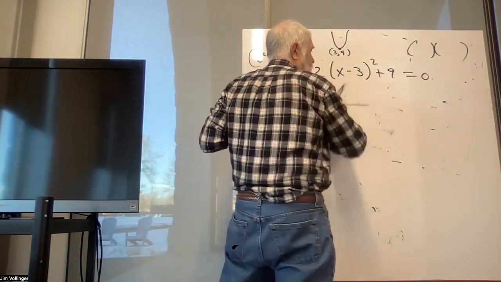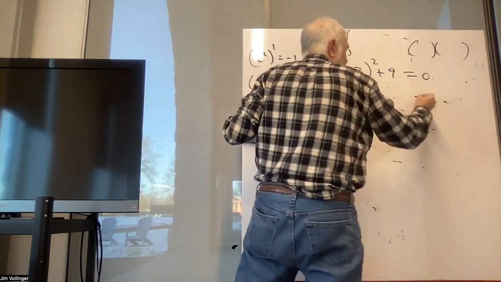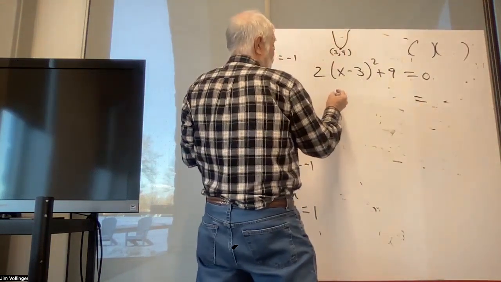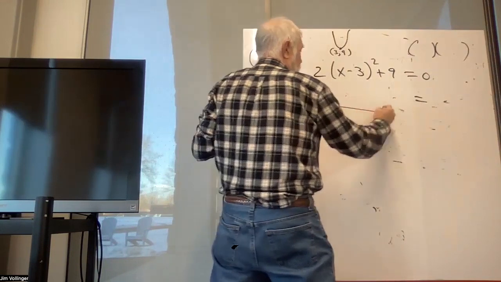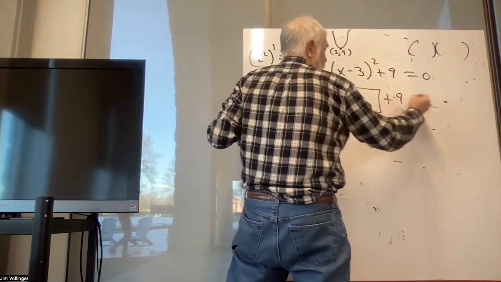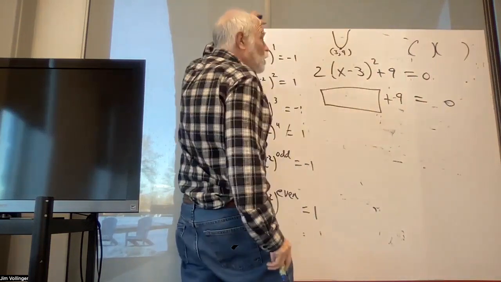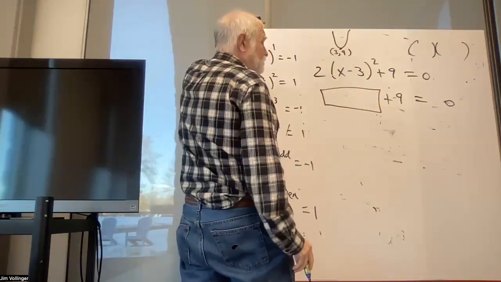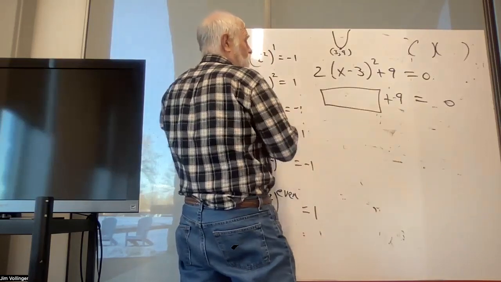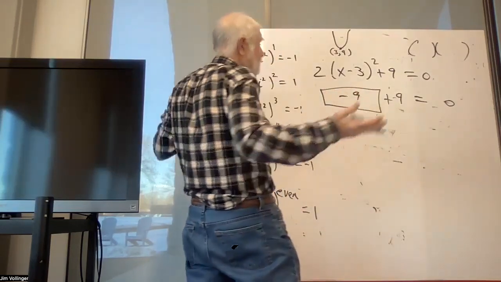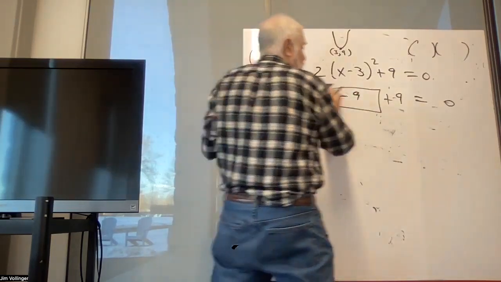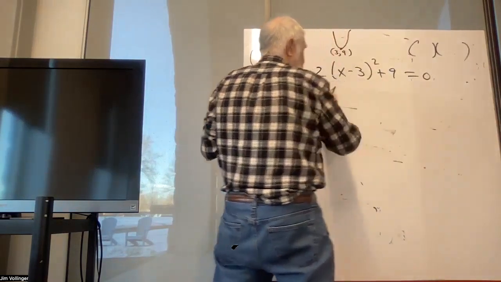All right, so let's do it conceptually first. So I've got something here plus 9 equals 0. Well, I guess this term has to equal negative 9. So I hope you can understand that has to be true. Then addition of 9 becomes what on the other side?